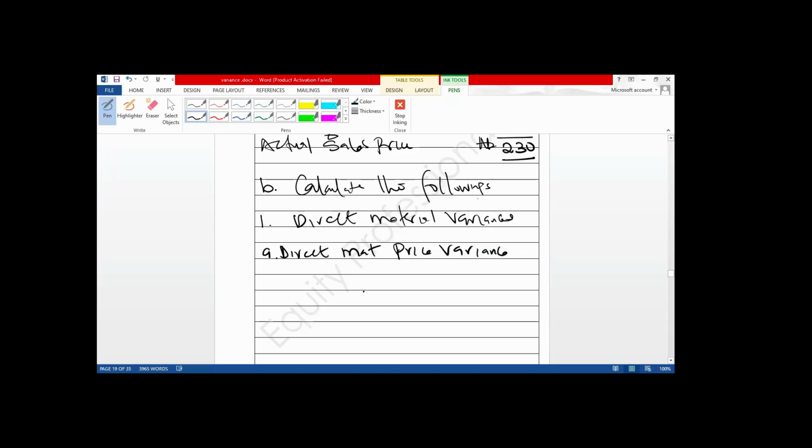Now you have two materials, so you have to do it individually. For material A, the formula is standard material price minus actual material price.